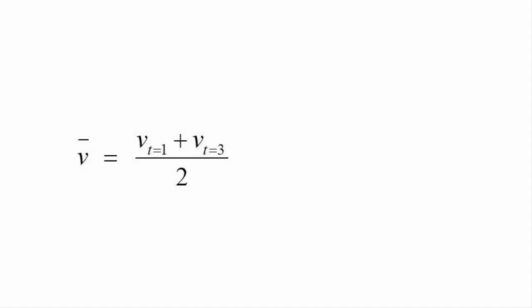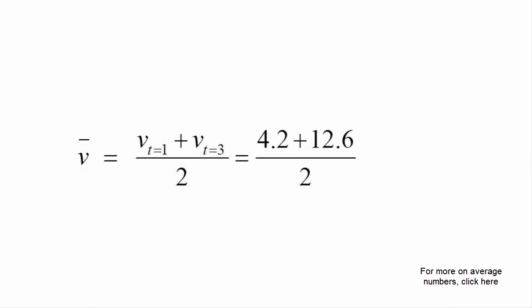To verify that our answers are consistent, let's consider the average between our two instantaneous velocities. The average of two numbers is the sum of the numbers divided by 2. In this case, our two numbers are the instantaneous velocities at 1 second and 3 seconds. So the average gives us 8.4 meters per second, which is the same as previously calculated.